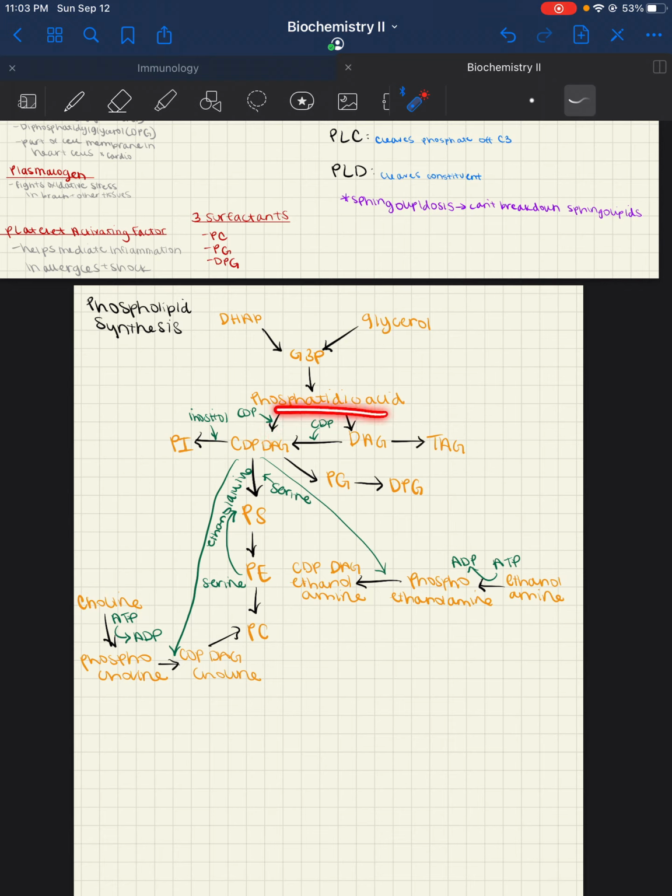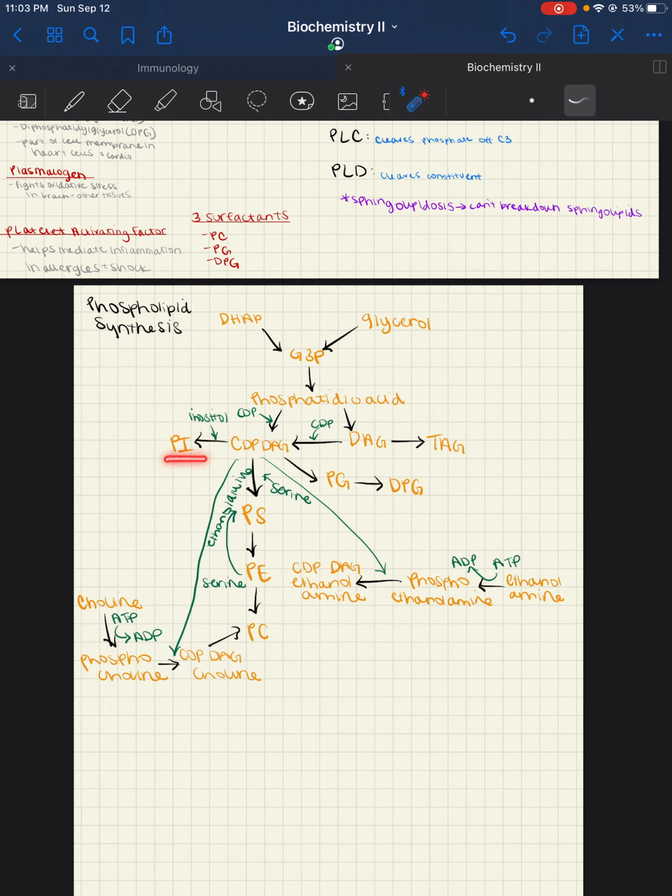So if you start with phosphatidic acid, you can add a molecule called CDP, and that'll turn phosphatidic acid into CDP DAG. Or if you get phosphatidic acid and go to DAG, just add a CDP, and then you get CDP DAG that way. But either way, you end up with CDP DAG.